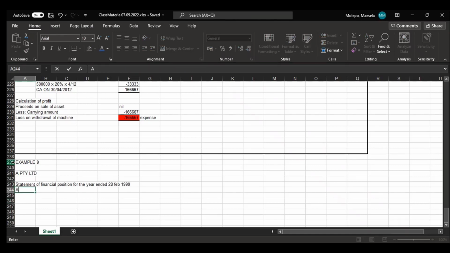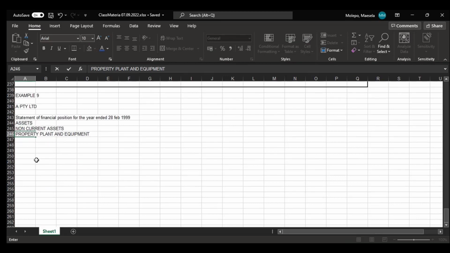So we're going to have assets, which will be non-current assets, which will be the property, plant, and equipment. Fine. Then we have the notes.